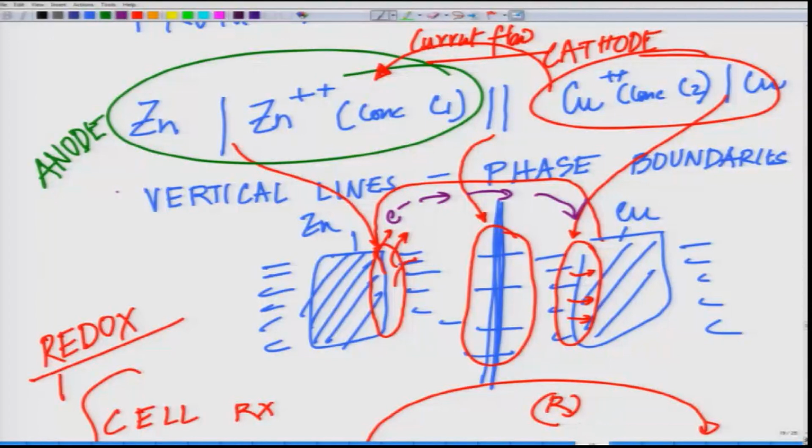The anode is written on the left and the cathode on the right. The current in the external circuit is considered to flow from cathode to anode, opposite to the electron flow, although the electrons are flowing through the wire from zinc to copper.